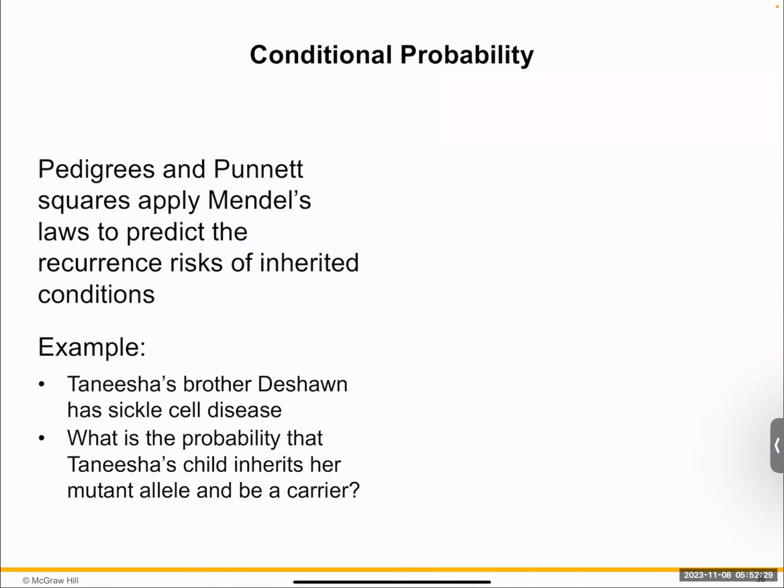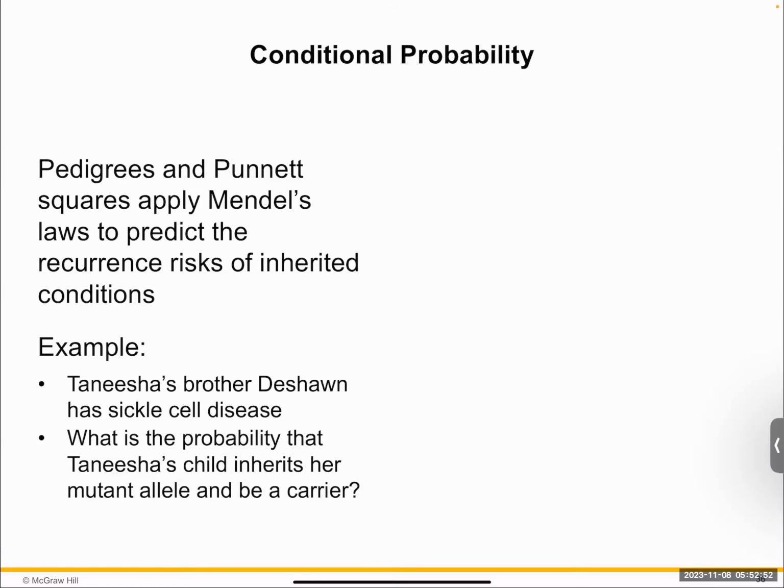Now, Punnett squares and the pedigree that we have been talking about are very important for us to figure out what is the chance of you passing genetic problems or mutations or a dominant gene to your next generation. There is an example that we have.